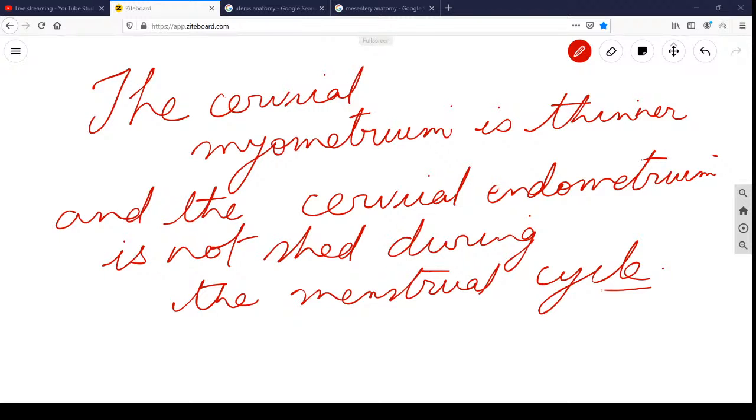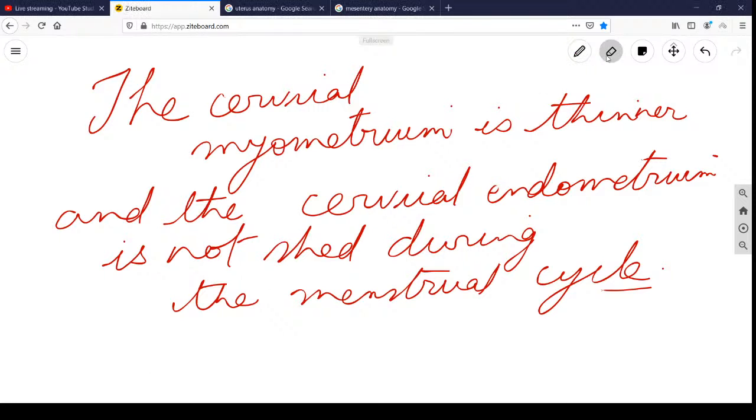Because you don't want polyspermy, this is another, distant way of preventing polyspermy. It also prevents infectious microorganisms from entering the uterine cavity.